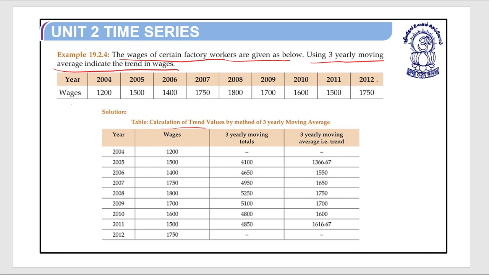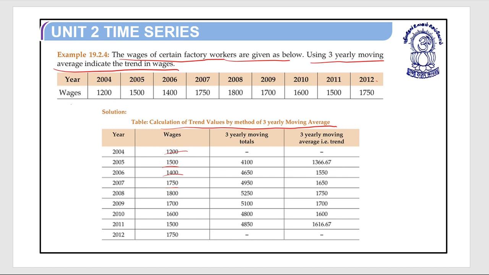So the solution is calculation of trend values by method of 3 yearly moving average.